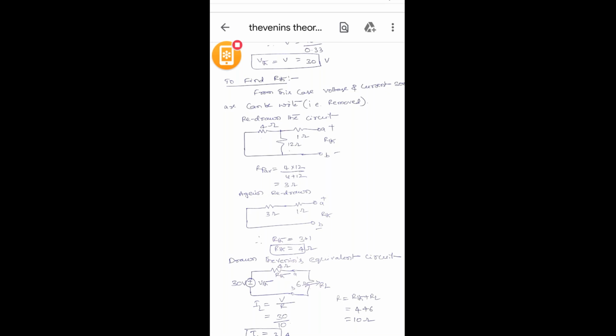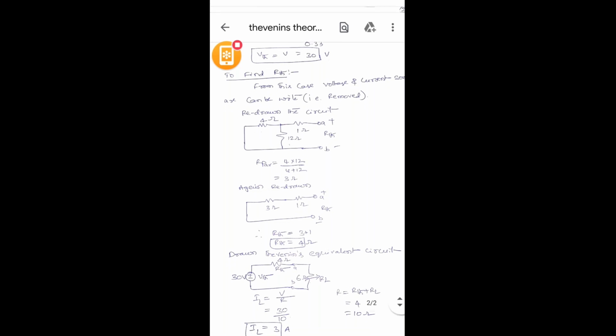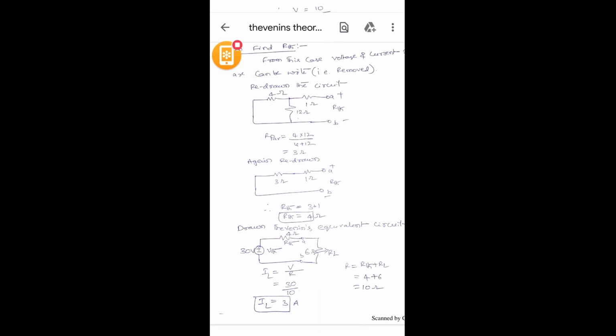Now to find the load current across the load resistance, by Ohm's law, IL equals V by R, where V equals VTH and R equals RTH plus RL, which is 10 ohms. With V equal to 30 volts, the load current is 30 by 10, which is 3 amperes.